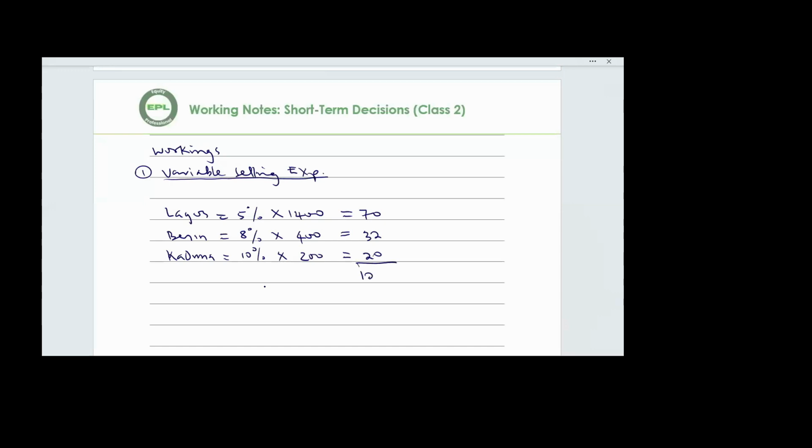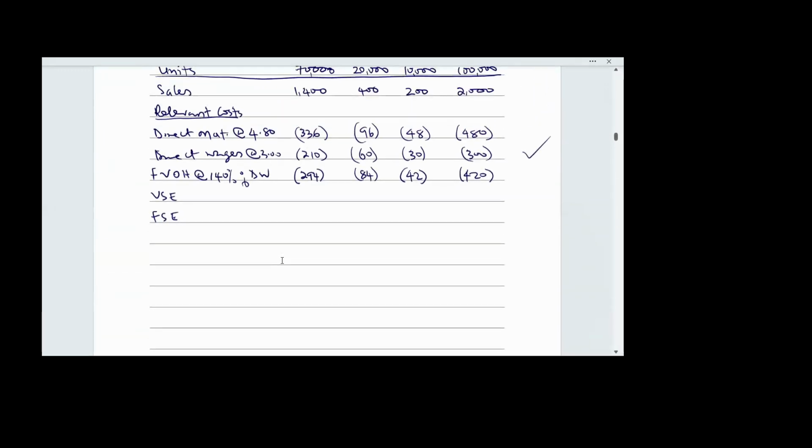When you add it up, that's 122. So that's total variable selling expenses. Let's account for that. Variable selling expenses here is working number 1: 70, 32, then 20. Total is 122.